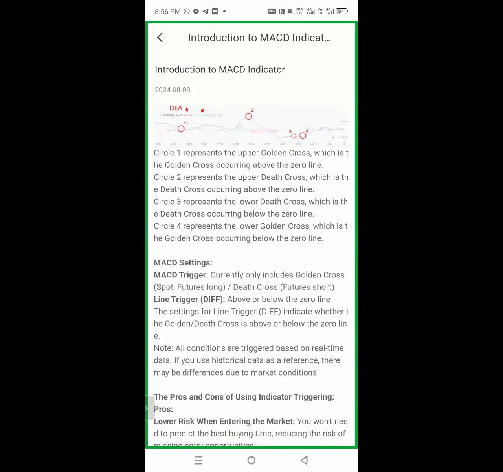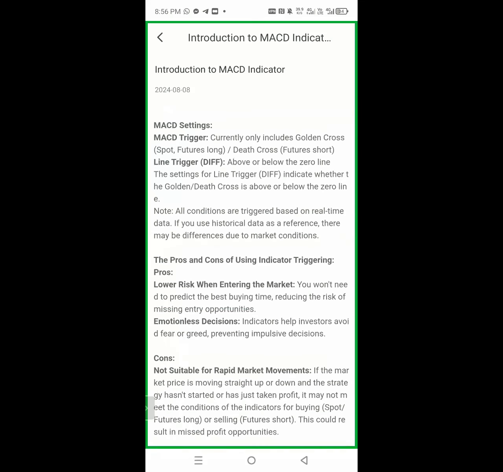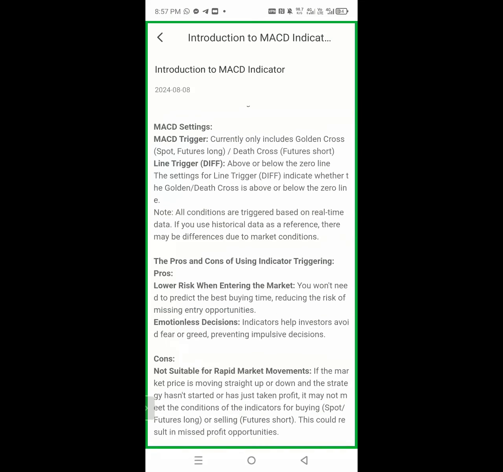So let's go to the pros and the cons of using indicator triggering. I hope we are following. Okay. So the pros: lower risks when entering the market. This one is very, very important. When I started futures with MACD, looking at the charts, it will delay.